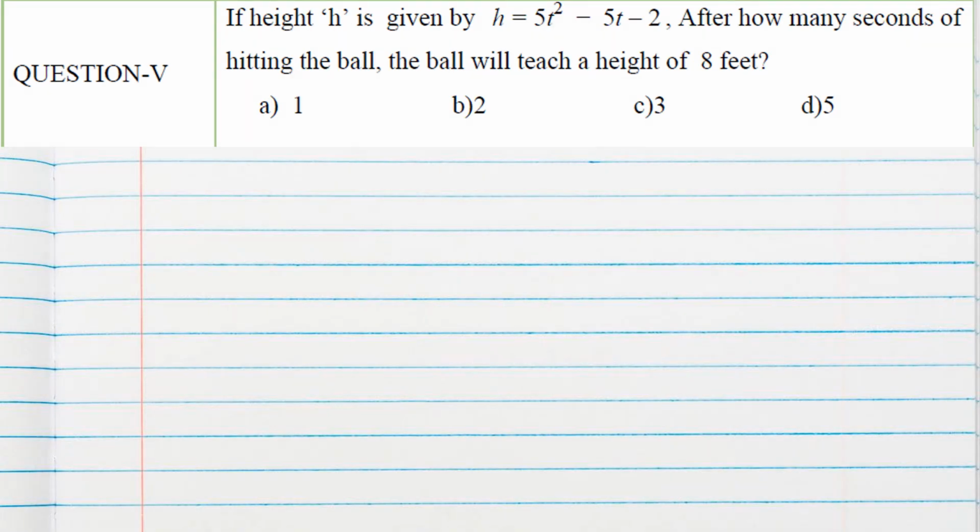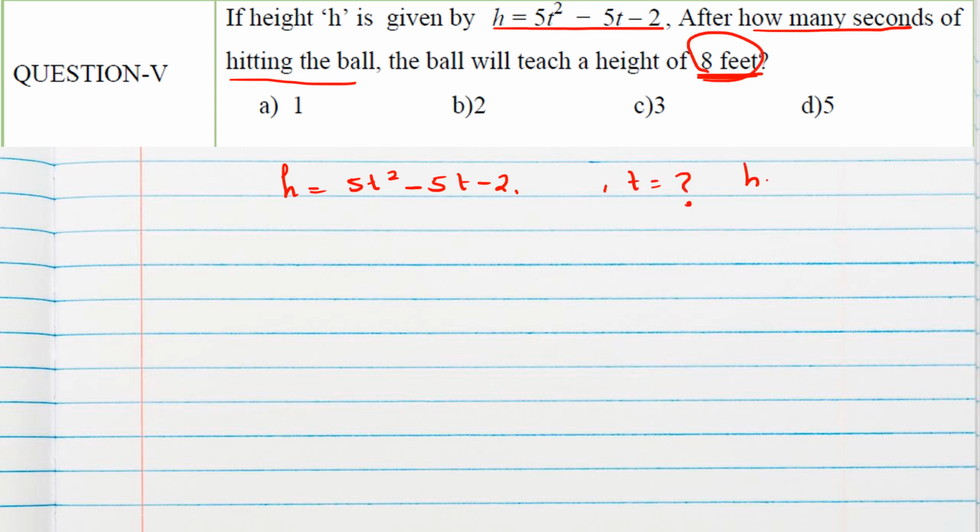Next question is the last question of this case study. If the height is given by this expression, after how many seconds of hitting will the ball reach a height of 8 feet? So here the expression of height is 5t square minus 5t minus 2. And how many seconds means we should find time if height is 8.